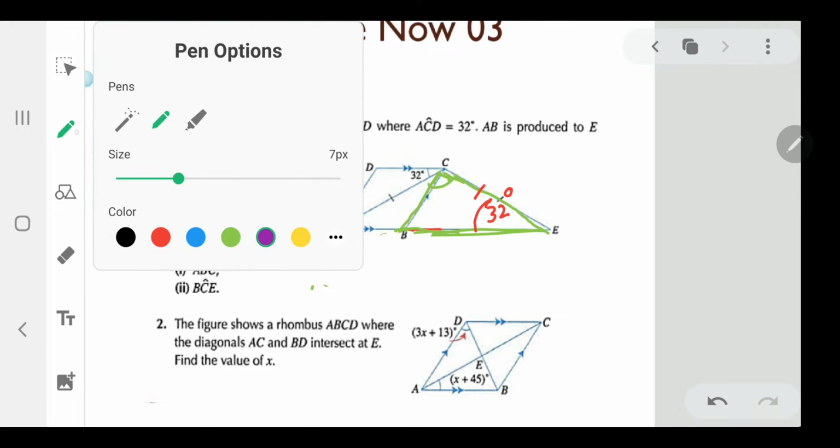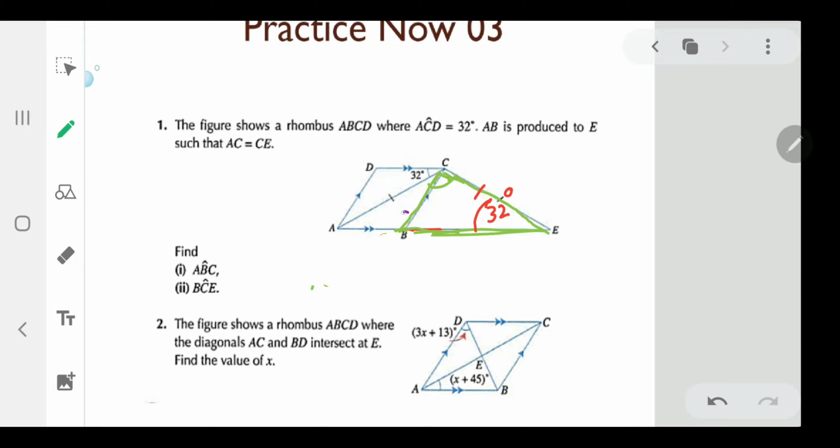Since we already know that this angle is 116 degrees, right? So what will be this angle? This angle will be 180 degrees minus 116 degrees, which means 180 minus 116, this is equal to 64 degrees, right?